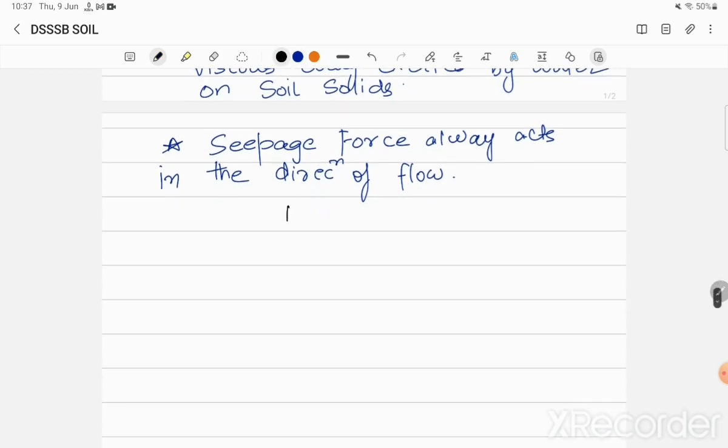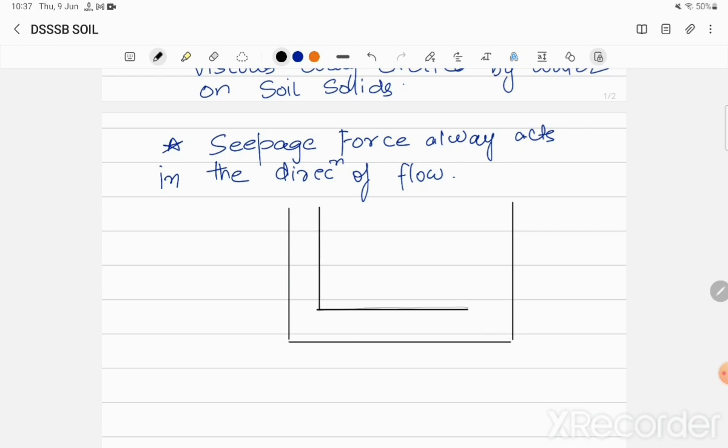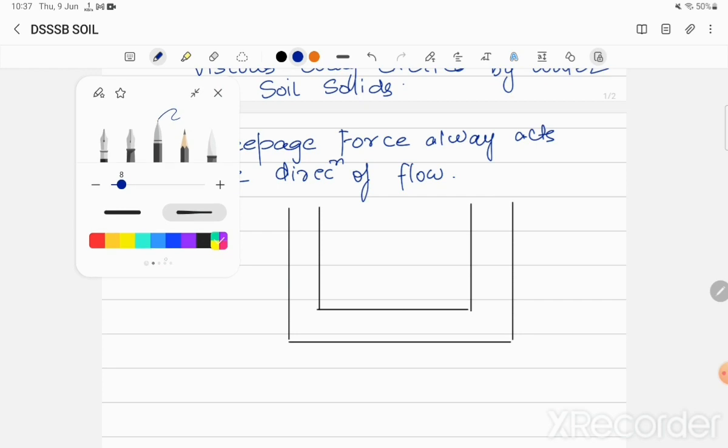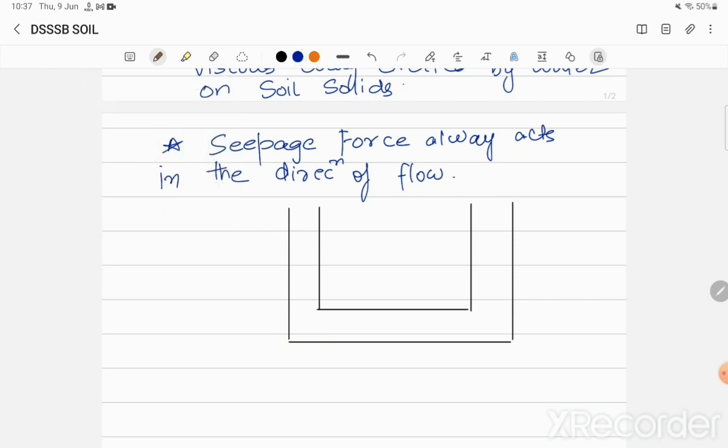Now here is a figure to make you understand seepage flow and its parameters. Let me draw soil with some different color. Suppose this is our sample of soil within a tube. This is the level of downstream water and this is upstream water, let us say, with higher head or higher energy.